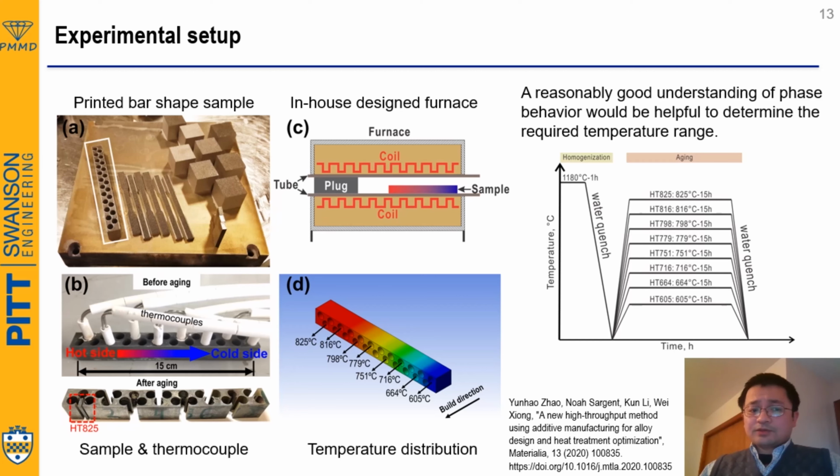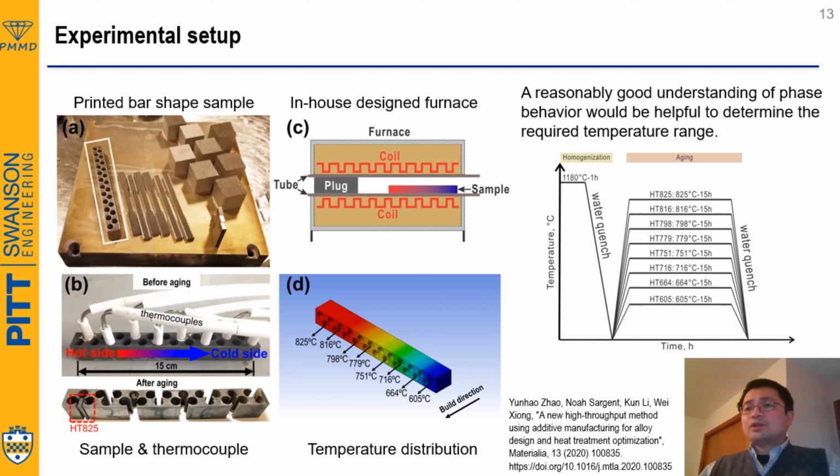We did this with laser powder bed fusion and designed two arrays of holes. And then in these holes, we insert the thermocouples, and then put the sample and thermocouples together into this gradient zone furnace. So this gradient temperature will allow us to heat treat the sample at different temperatures simultaneously.